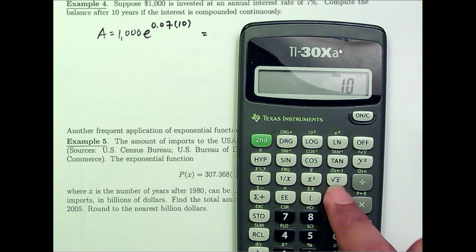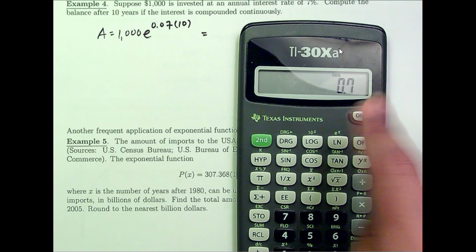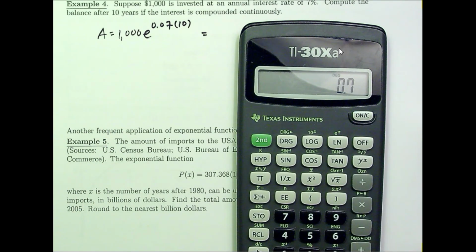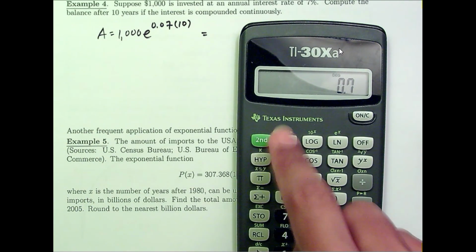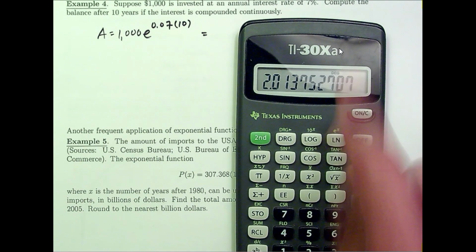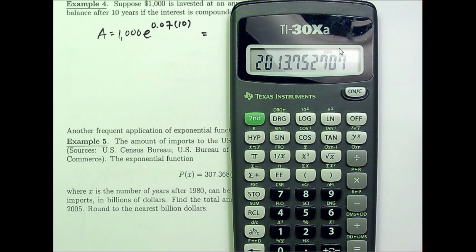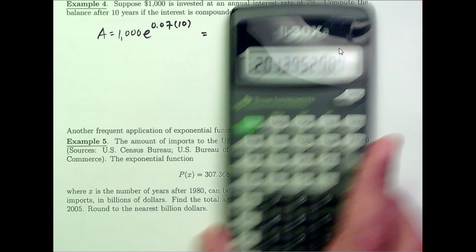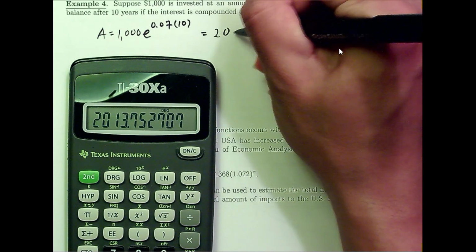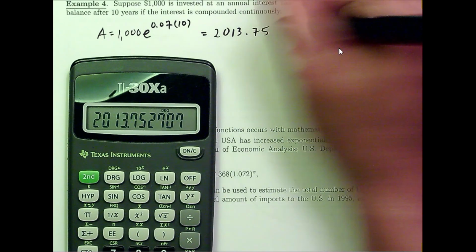Then I'm going to close the parentheses, which is 0.7. If you actually multiply 0.07 by 10, you do get 0.7. And now I'm going to hit the e button, so e to the x there. Then I hit the equal sign, meaning that I'm done. And that's your answer. You get 2,013.75.